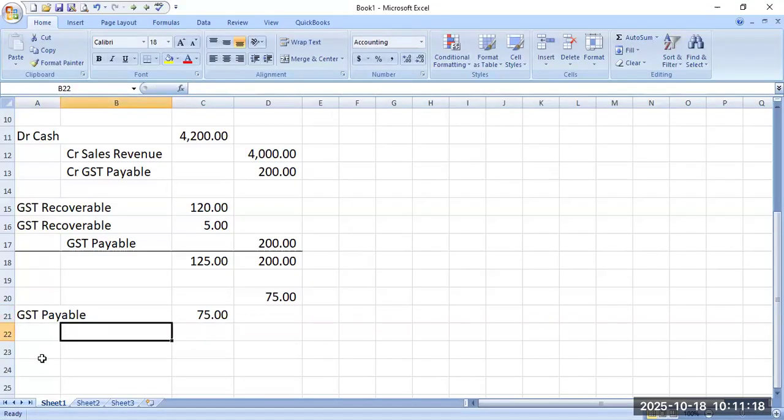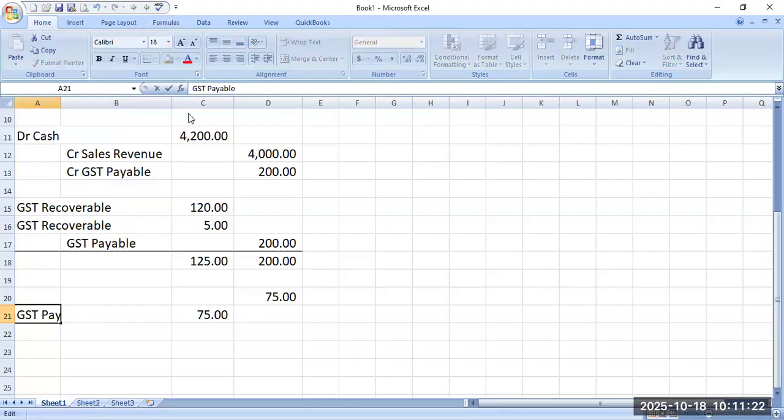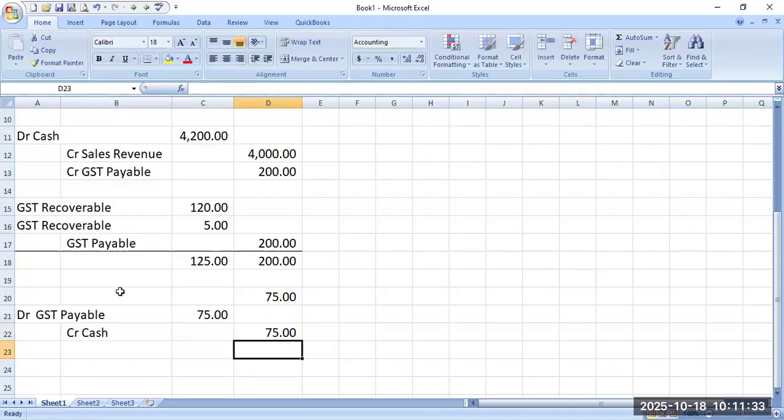And then we're gonna credit. Sorry, this was missing the debit here. That's the debit, GST payable, and then we're gonna credit cash because the government was owed cash, $75.